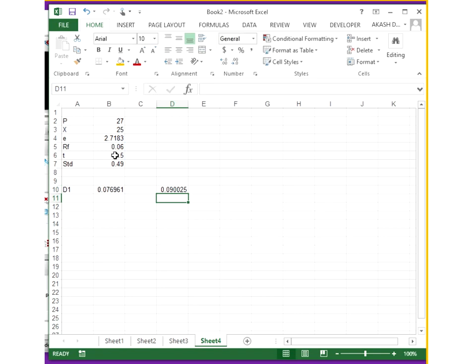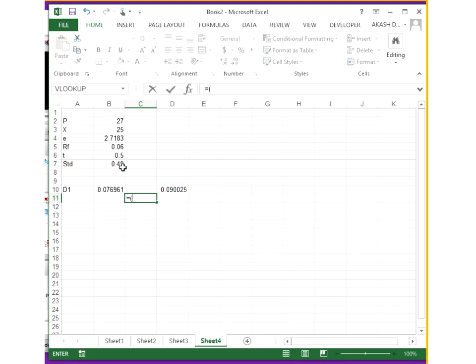Okay. So if I add, and then there's a denominator also, which is going to be sigma.